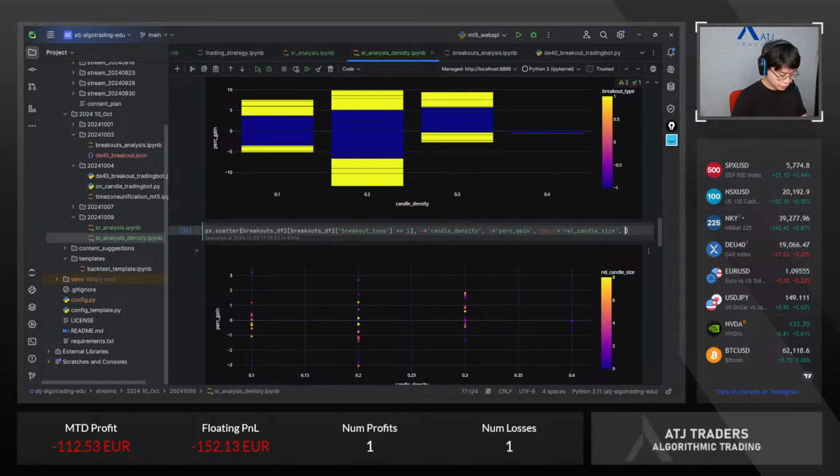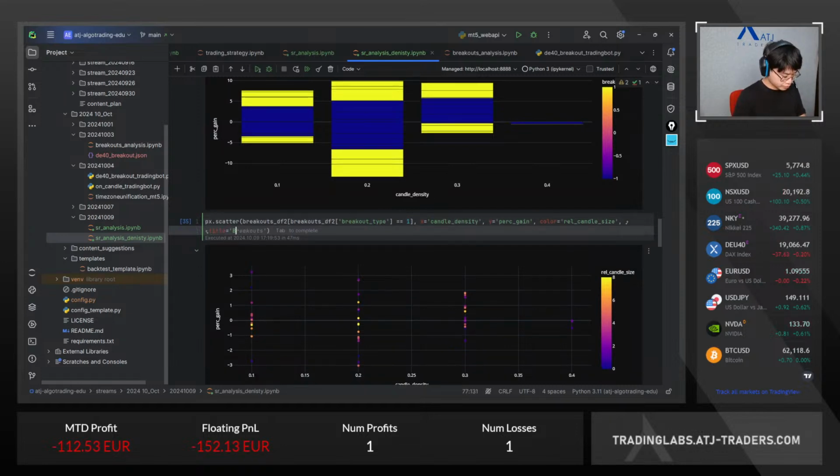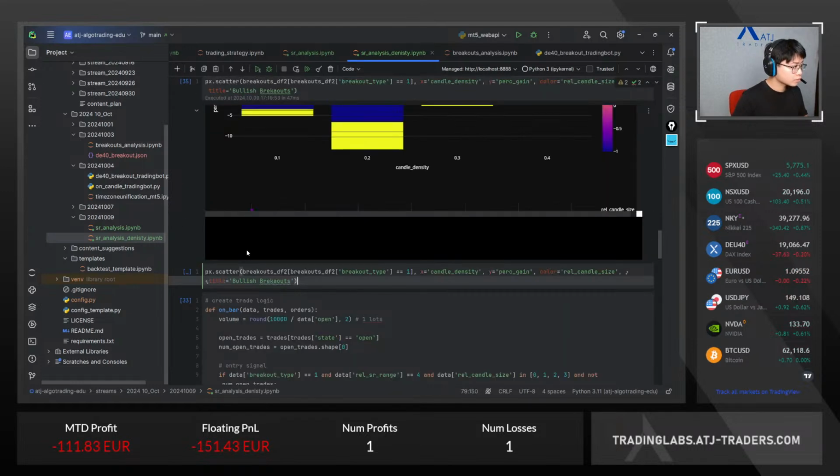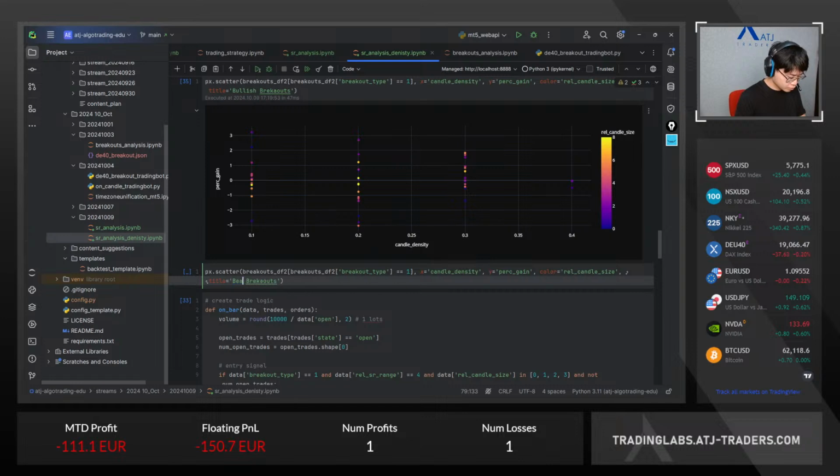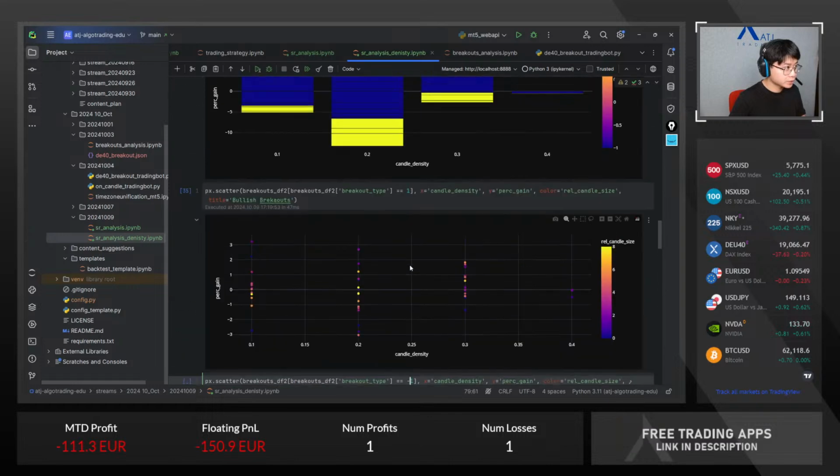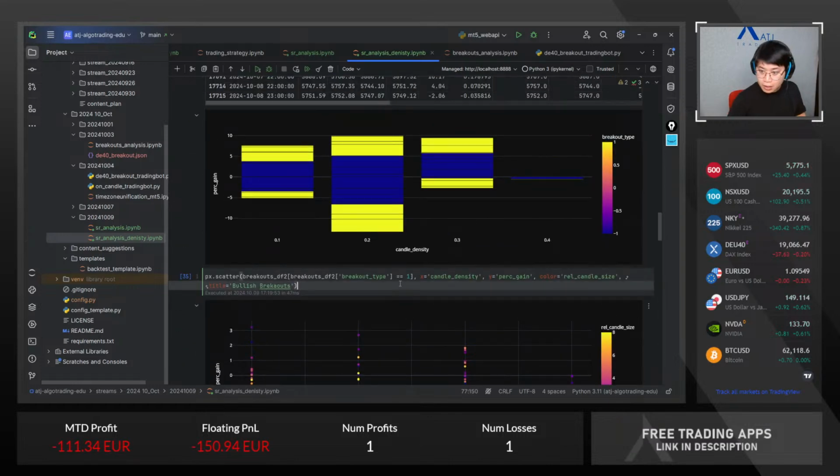So here title buy or bullish breakouts, and then I'm going to check the bearish breakouts. And here the breakout type is -1. Let's see how it works.